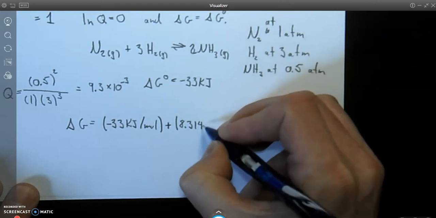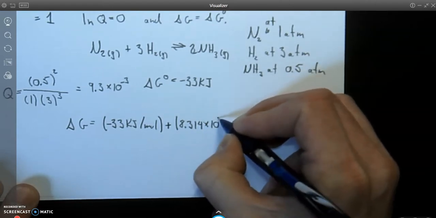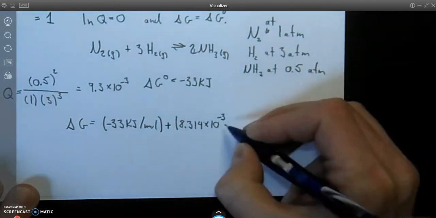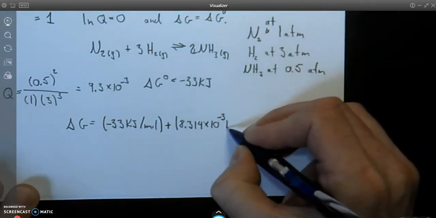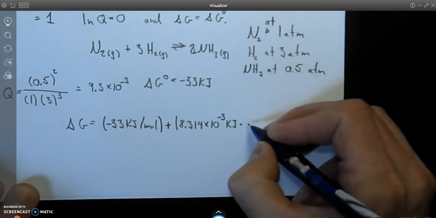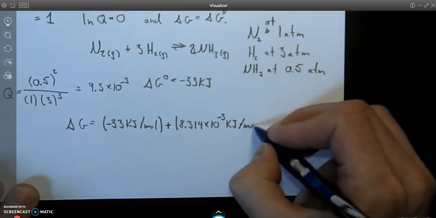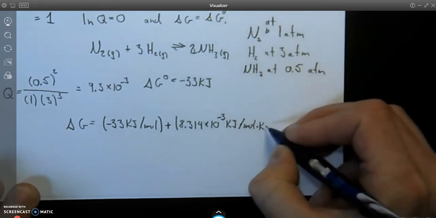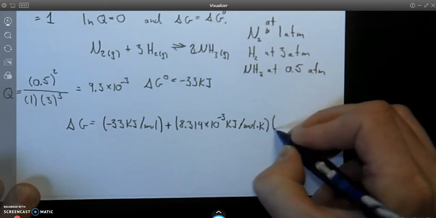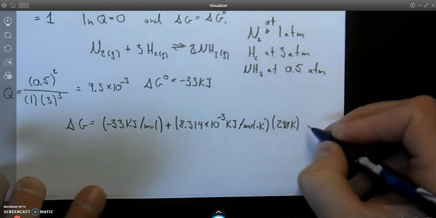8.314. Notice the R value we're using. Because we're talking about energy, we're going to use this one. But also notice that I changed it from joules to kilojoules to make sure all the units are going to jive out here. Per mole per Kelvin times the temperature in kelvins, 298.